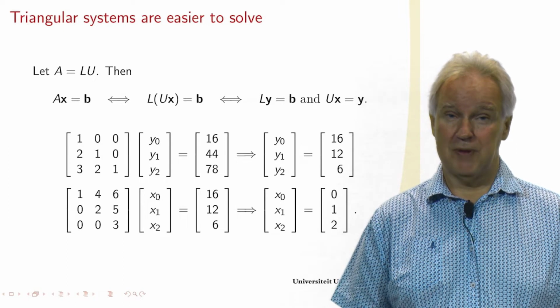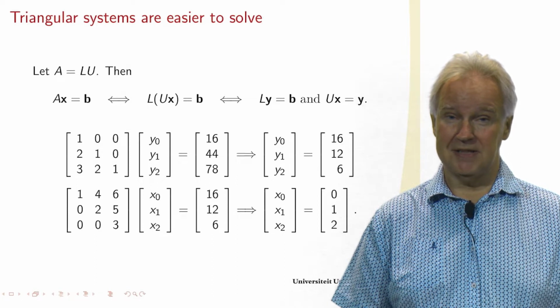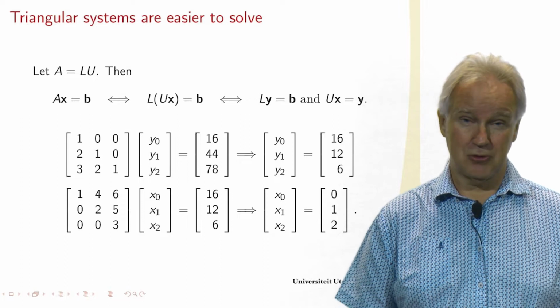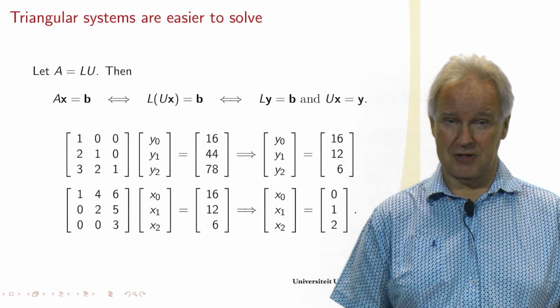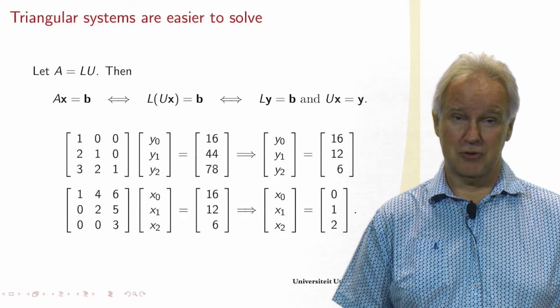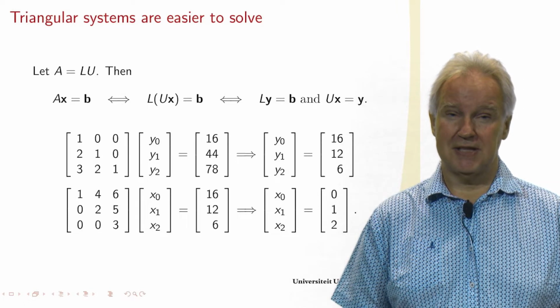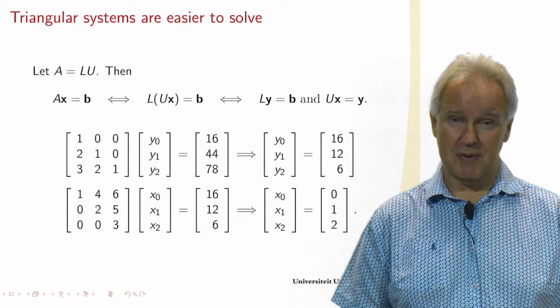For U, we start at the end. We do a backward substitution, because we see that 3x2 should be equal to 6. So x2 equals 2. x1 then equals 1, and x0 equals 0. This way we have solved our linear system.